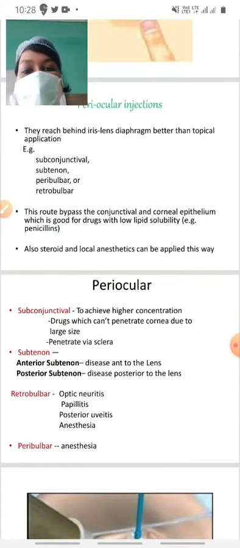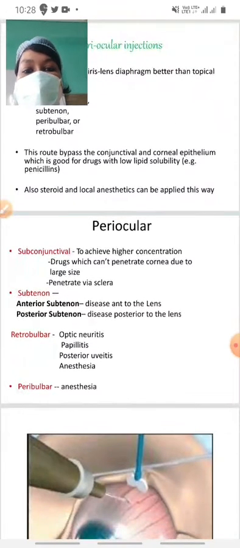As we are bypassing the epithelial barriers of the conjunctiva and cornea, even the drugs which have low lipid solubility will have better absorption if given through the periocular injection route. Steroids and the local anesthesia that we give during cataract surgery and other eye surgeries are also given via the periocular route, specifically the peribulbar route.